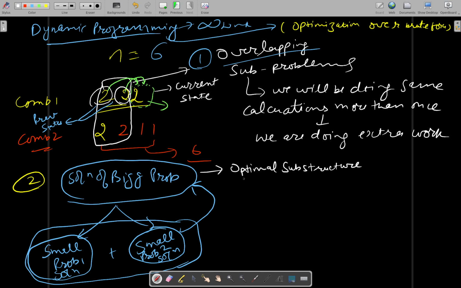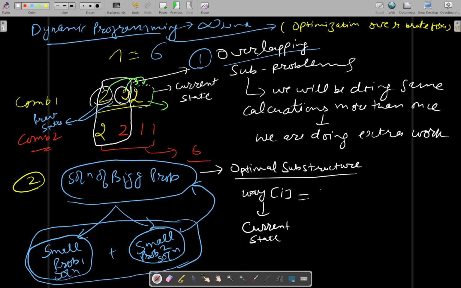What we mean by this property is, let's say you are on the nth step, or say the ith step. The number of ways for the ith step, which is your current state, is dependent on two previous states.